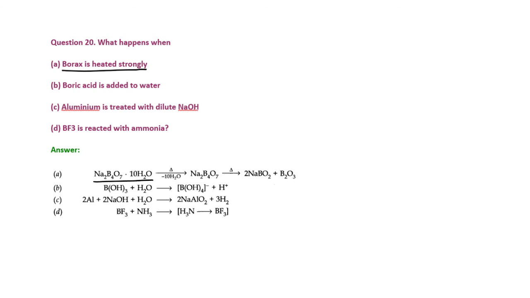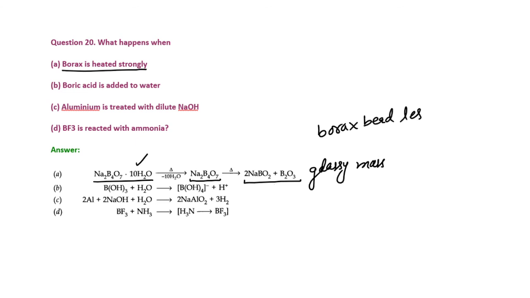When it is heated, first of all 10 water molecules are removed and we get sodium tetraborate, Na2B4O7, which on further heating gives NaBO2 plus B2O3, a glassy mass, and it is used in the borax bead test. When borax is heated, we get this glassy mass and it is used in the borax bead test.